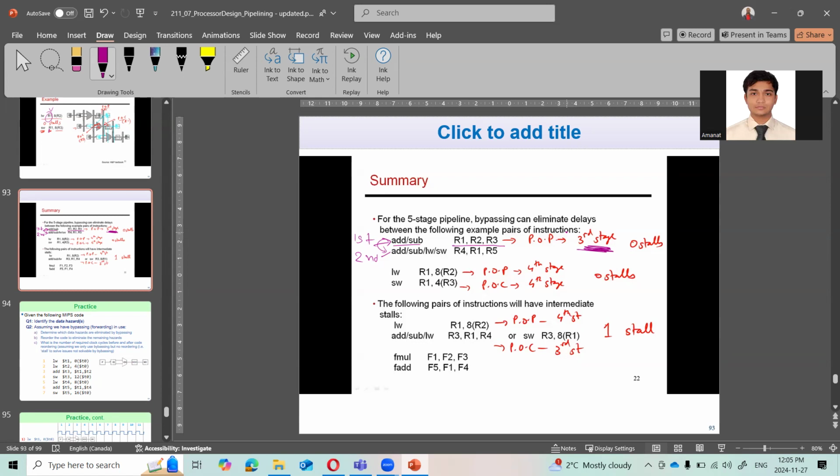In the summary, if the first instruction is an R-type instruction and the second instruction can be add, sub, load, or store, you don't need stalls, because the point of production is the third stage for the R-type instructions.